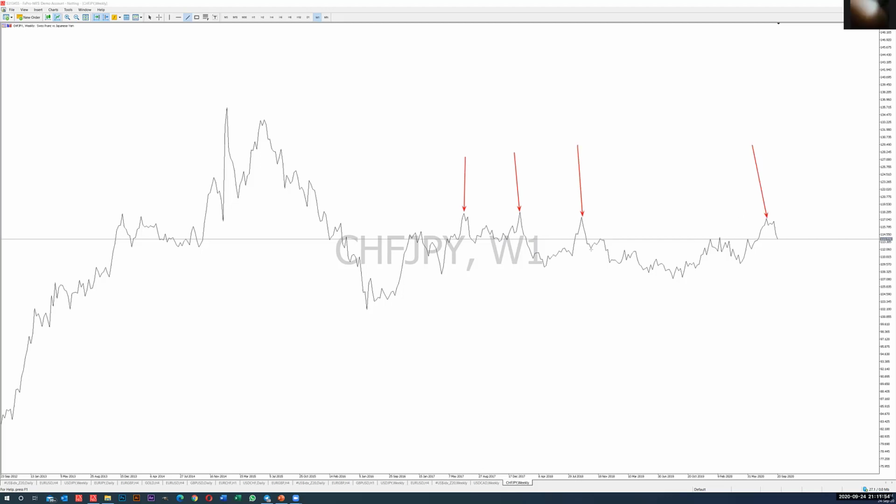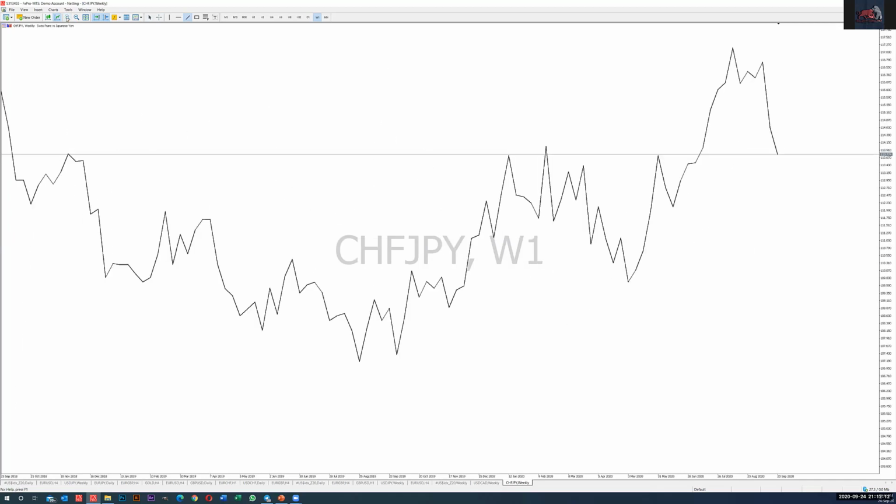So I'm just going to focus on this area here. I'm going to zoom in so that you can see clearly. We're still on the line chart. So this is a zoomed in line chart.